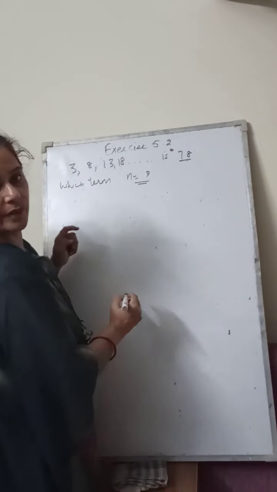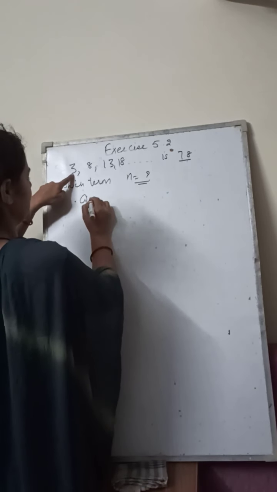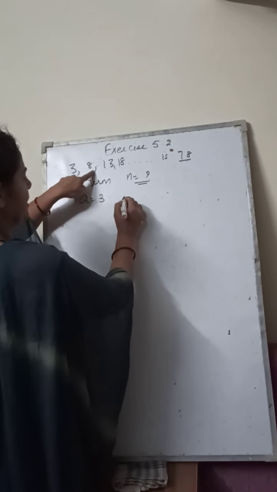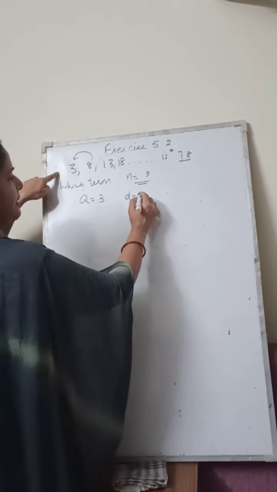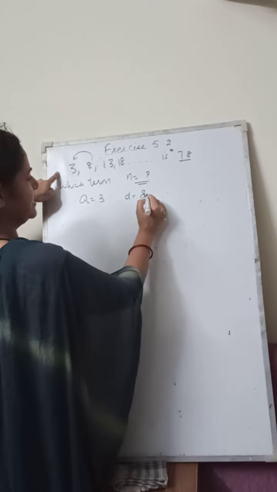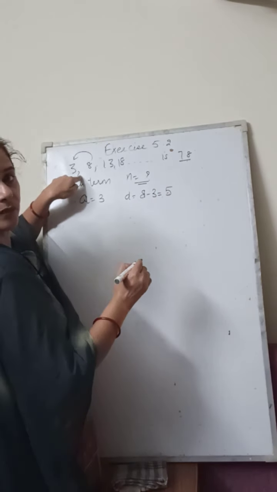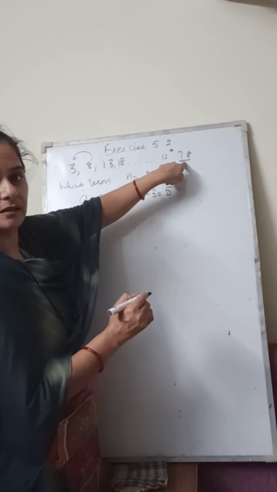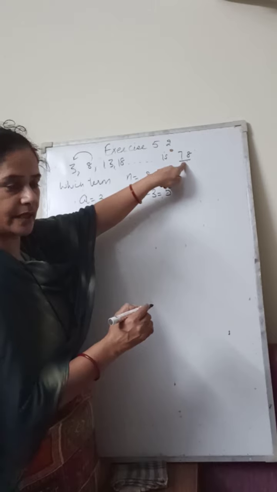Got it? Here A is what? A is 3. D is what? A2 minus A1, that is 8 minus 3, that is 5. And AN is what? Whose position we want to find out? 78.